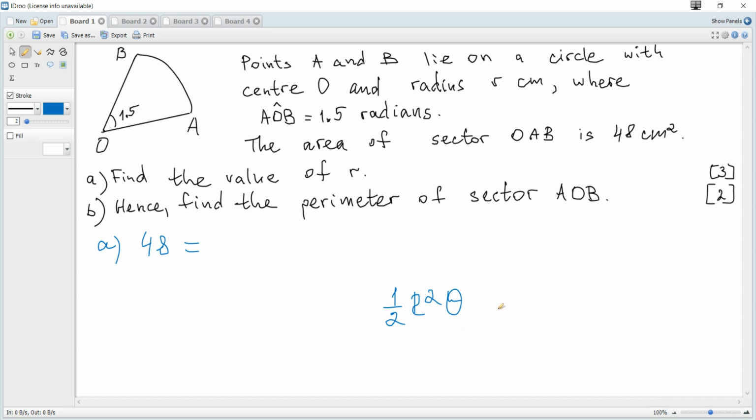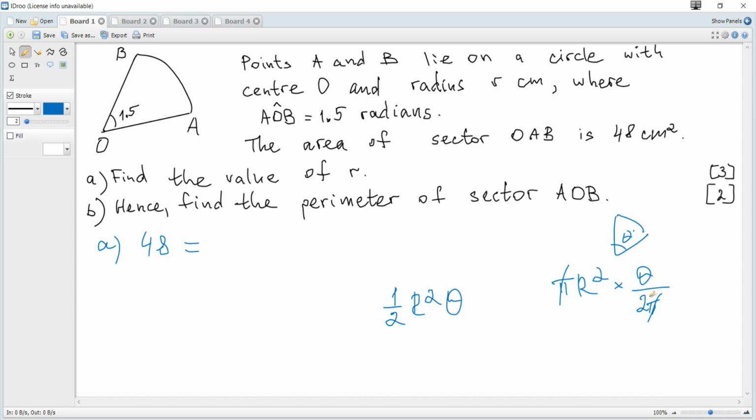It arises from the area of a circle, pi radius squared, and a sector is just a part of a circle, so it should be multiplied by angle theta, and when theta is in radians, divided by the angle of a full revolution, 2 pi. You can see that pi cancels and we get a half r squared theta.